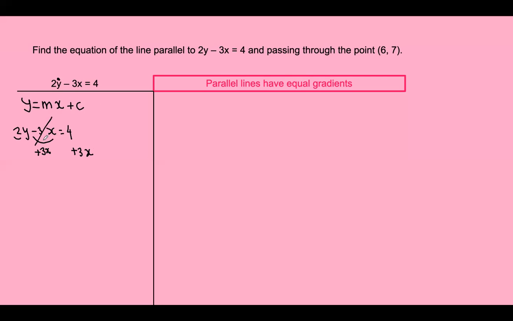And so we cross out the minus 3x's, and we have 2y equals 3x plus 4. And then now, to get rid of the 2, we divide by 2 both sides of the equation, because we always apply the opposite operation. 2y means 2 times y. So to get rid of the 2, we divide by 2 both sides.